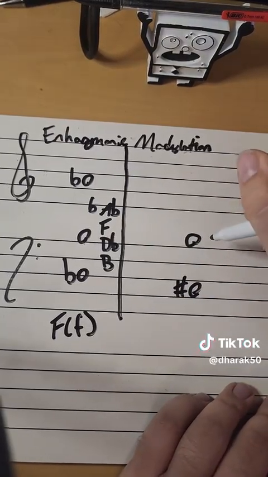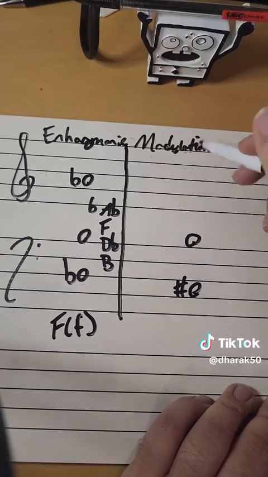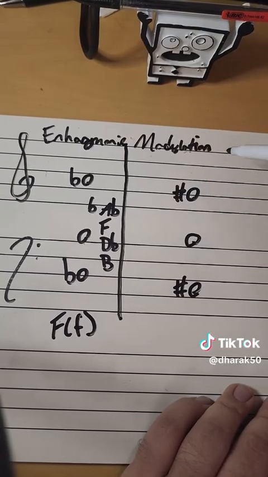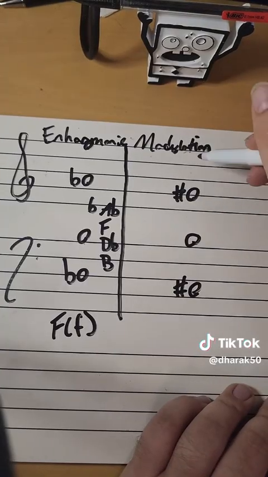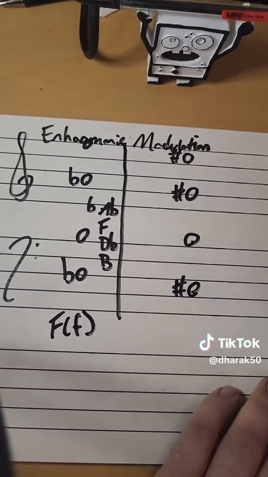And then, what else do we have? We have A flat. A flat is the same as G sharp. And then F is the same as, this one's a little tricky, E sharp, right? So now let's stack that up.